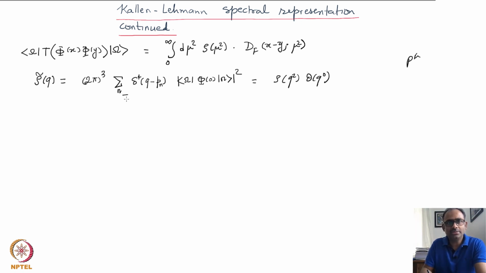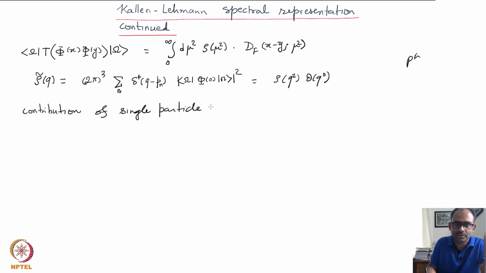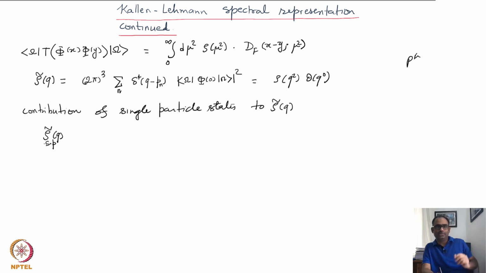What I want to do now is to filter out the contribution of single particle states to rho tilde of q. I will call these contributions rho tilde q single particle, and similarly define rho single particle of q square. So that's what we are looking at.